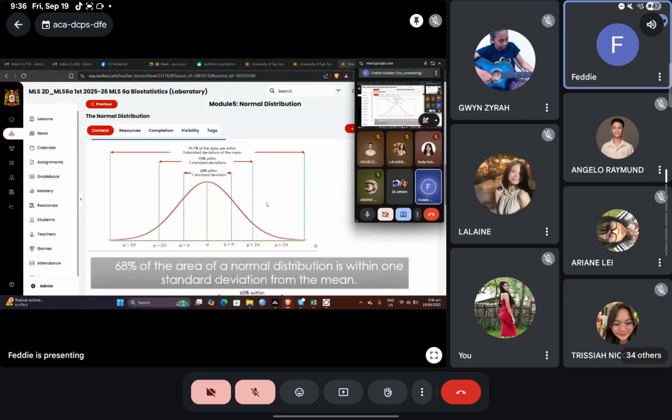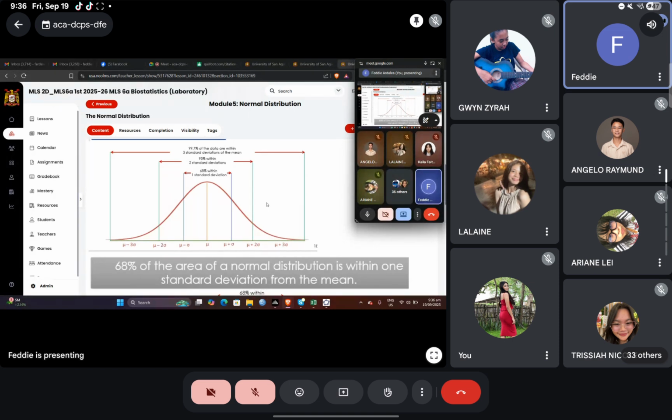For two standard deviations of the mean, from the left to the right, you can see approximately 95% of the area of this curve. For three standard deviations of the mean, approximately 99.7% of the data falls within three standard deviations of the mean. This is very important, especially when solving problems involving normal distribution.